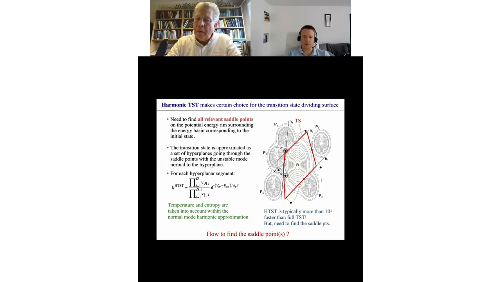But every position of, let's say, the hyperplanar segment requires evaluation of a thermal average. That takes about 1,000 energy and force evaluations to calculate the thermal average. So here, we don't need to do a thermal average. We can move on the energy surface, and so essentially, in going from harmonic transition state theory to full transition state theory, you have to replace one evaluation of the energy and the force with a thermal average, which takes at least 1,000. Yeah, just a hand waving argument like that. Okay. Yeah, makes sense. Right.